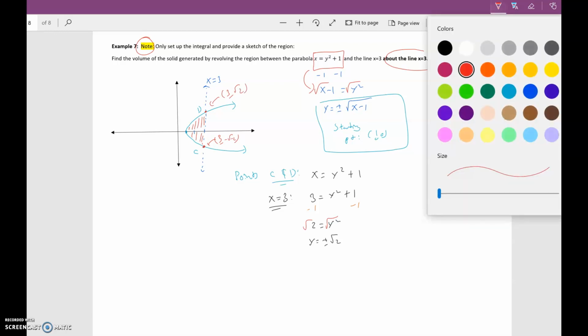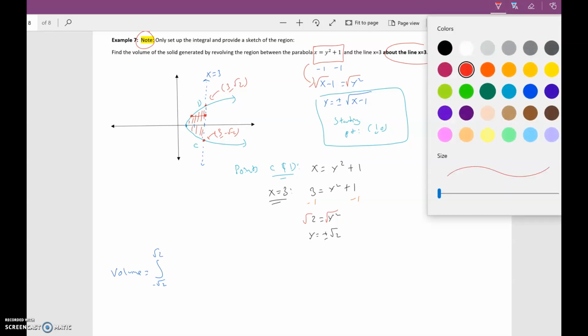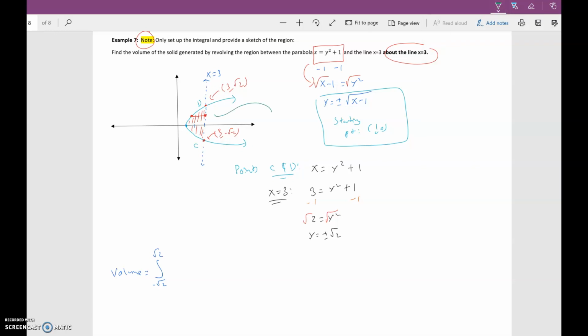Now for your actual volume, they only want us to set up the integral. So the volume is going to be equal to the integral from negative square root of 2 to square root of 2, and then we need to set up the radius. The radius is going to go from here to your function. Keep in mind that this one is not at 0. So the actual radius is going to be 3 minus your function.